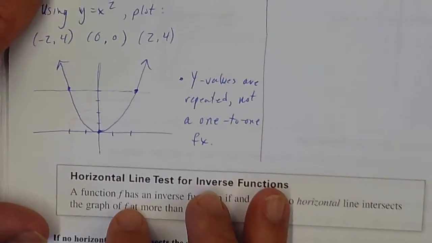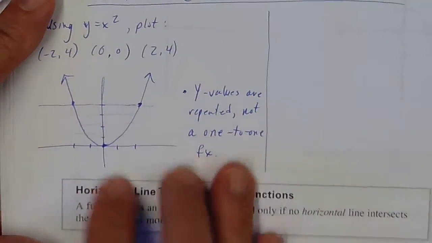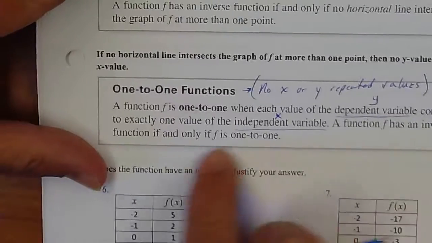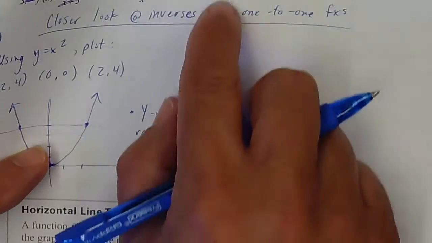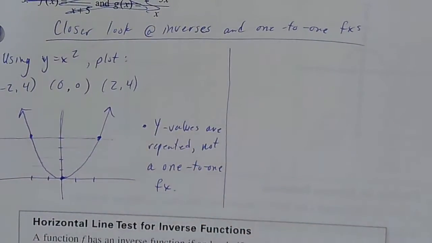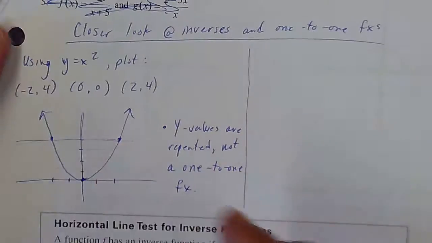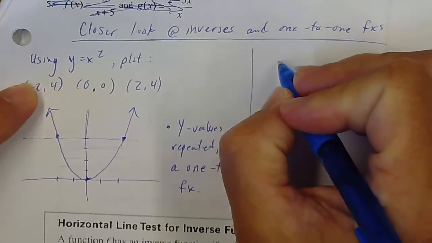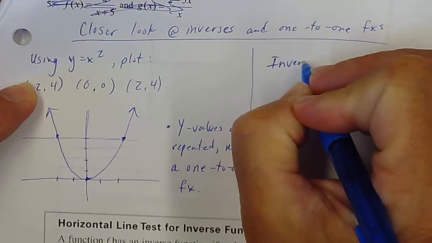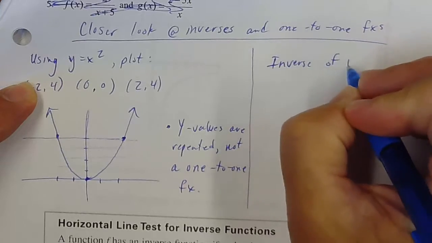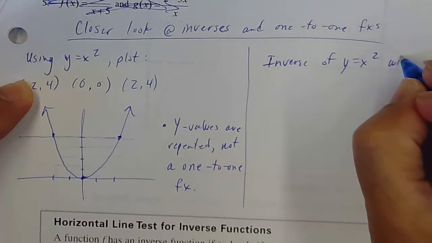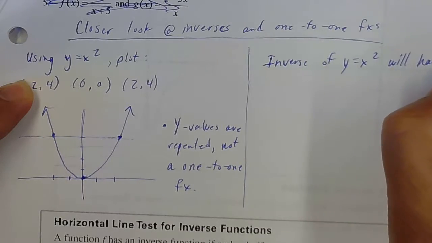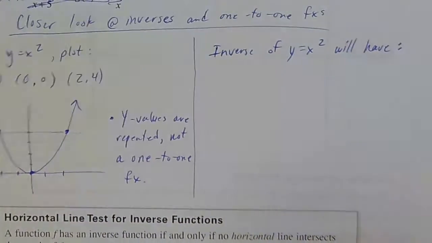Okay, now there's another characteristic of one-to-one functions. A function has an inverse function only if it's one-to-one. Let me demonstrate that with our demo up here. I want you to just draw a dividing line, and let me show you what happens if we take the inverse of this. So the inverse of y equals x squared will have these ordered pairs, right?